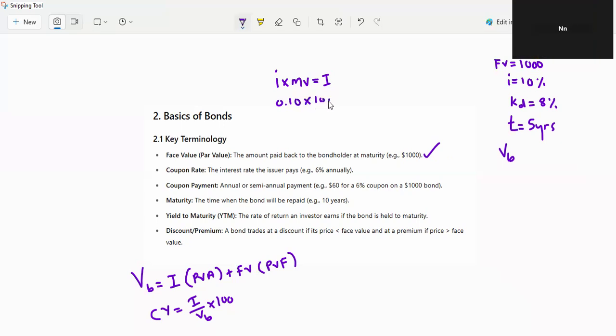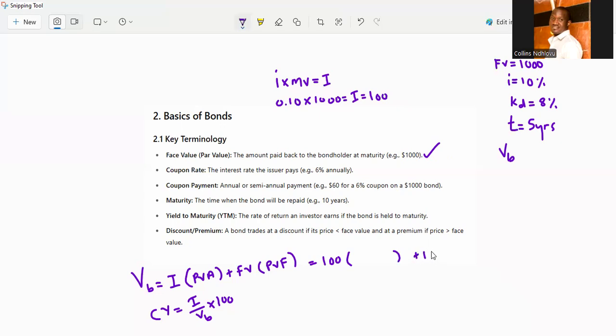So our coupon value is 100. So the capital I is equal to 100. That is our coupon value. So you put it here. Here you're going to have 100. Then the face value is 1,000.